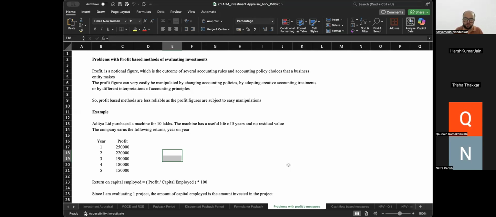Also, there is scope for a lot of creative accounting when it comes to these profit-based measures, because of how easy certain manipulations in the financial statements are, how profits and expenses and equity and all these figures can be manipulated, which is why these methods are less reliable.